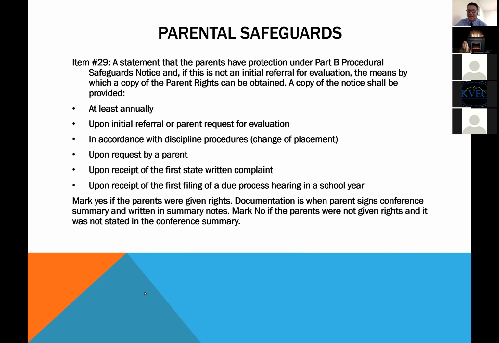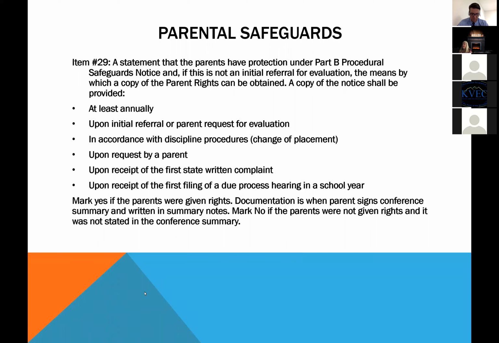So the next thing we go to is your parental safeguards. Folks, these things are very important. We must give them at least annually, and then upon initial referral or parent request for evaluation. And then, of course, if you have any type of change of placement or discipline, we have to give that again.